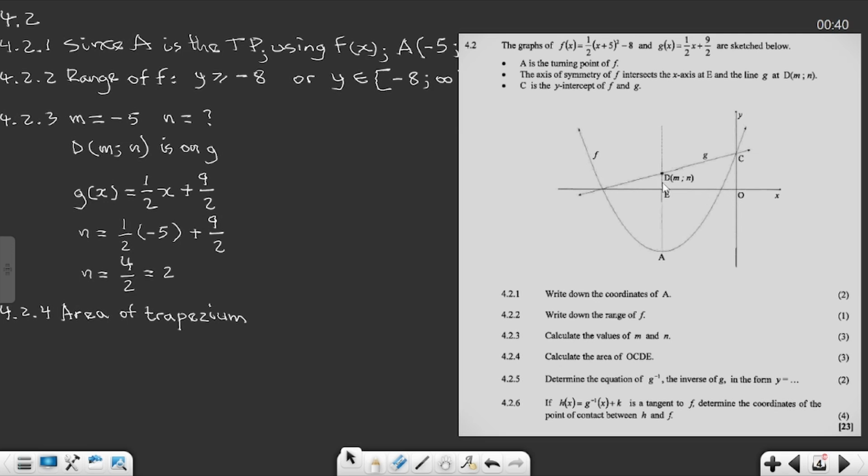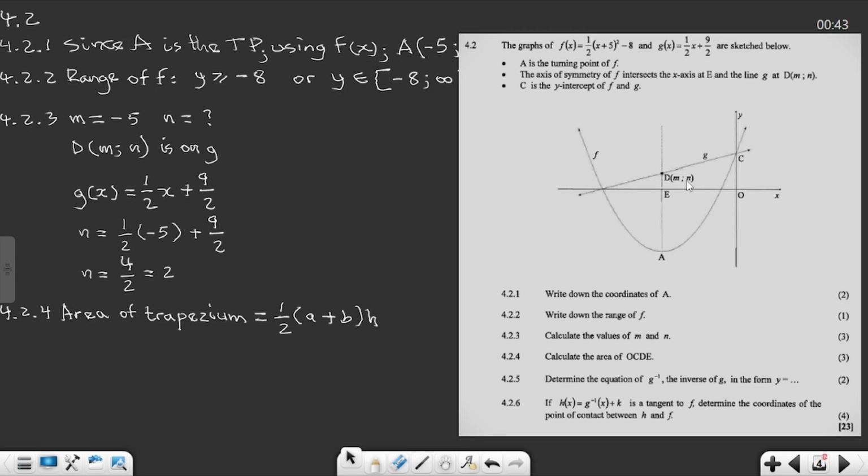So let's call this side A and this one B and the perpendicular height H. So the area of the trapezium is equal to half of the sum of the parallel sides times the perpendicular height between them.